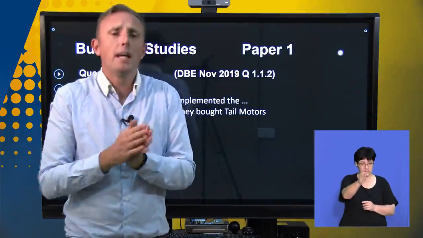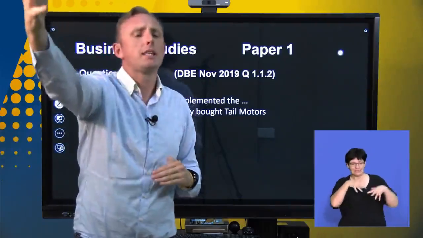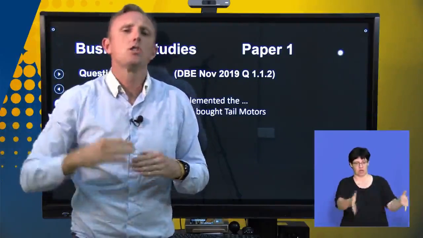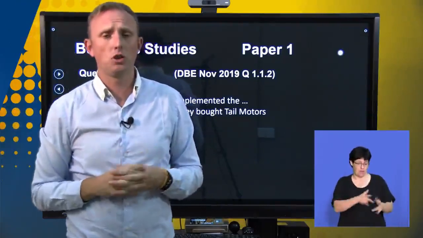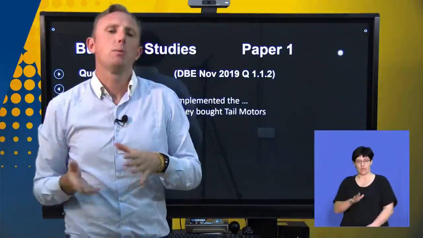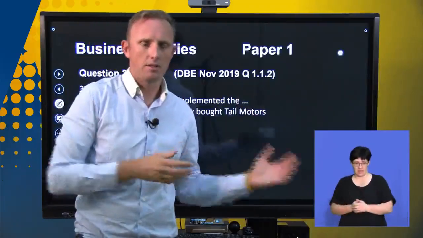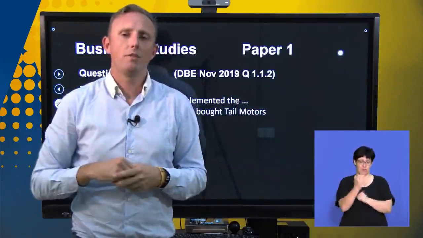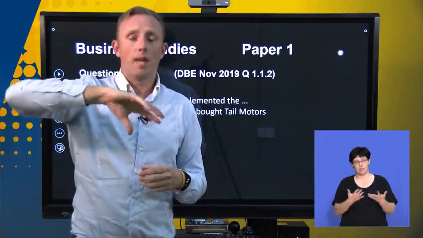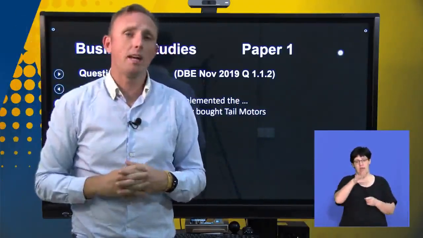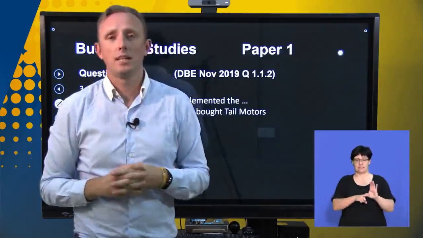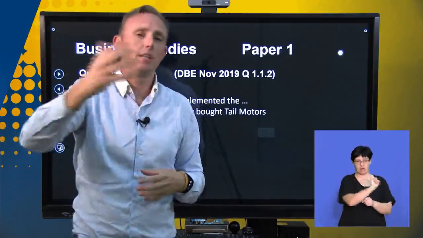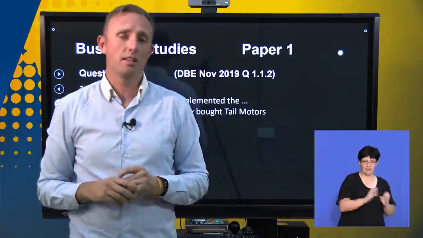Remember, forward is where we're looking to take over our distributors. So we're getting closer to our end consumer. And backward is where we're looking to take over our suppliers. So for Teddy's car manufacturers, they might want to control the spares so as to make sure that the right quality spare parts are going into people's cars when they're servicing them and fixing them, which ensures quality of their car there.